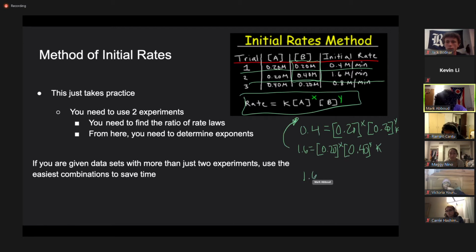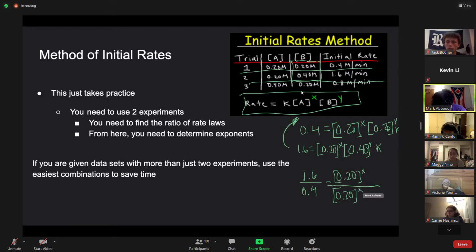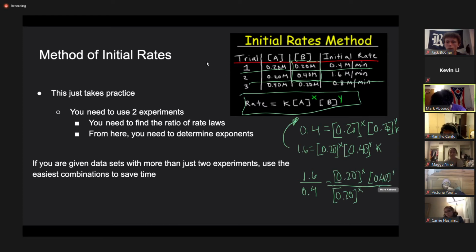So 1.6 divided by 0.4 equals 0.20 to the x over 0.20 to the x, times 0.40 to the y over 0.20 to the y.